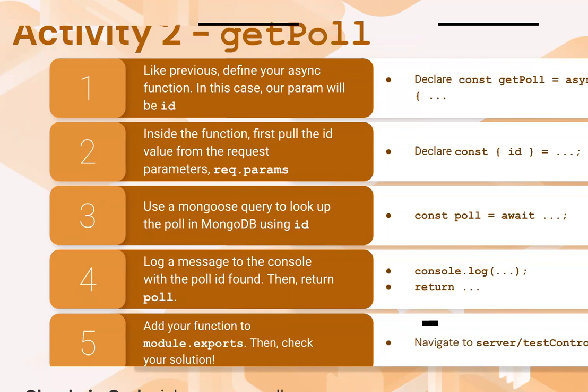In the next direction, you're going to pull the ID value from the request parameters, req.params. There's a little starter code on the right: you declare const, then brackets, ID equals. Next, using const poll equals await, you're going to use a Mongoose query to look up the poll in MongoDB using your parameter ID.